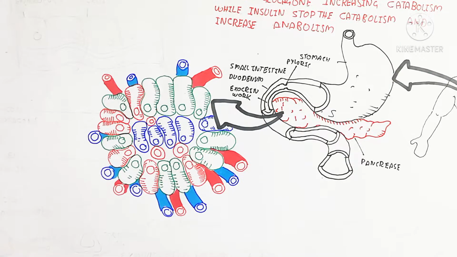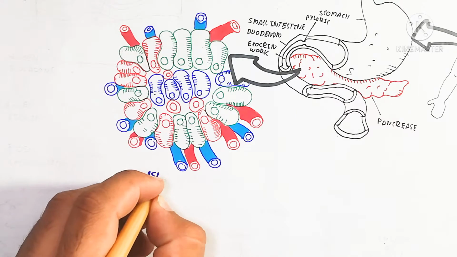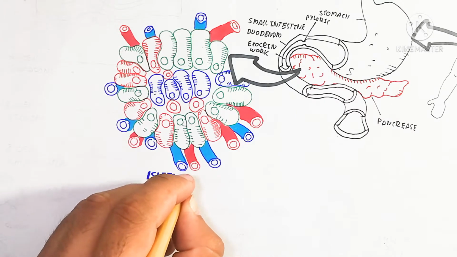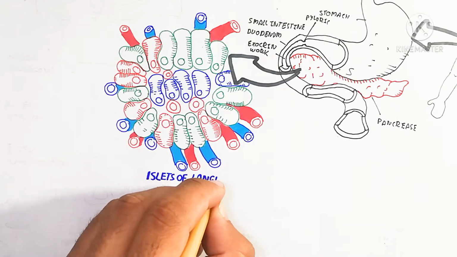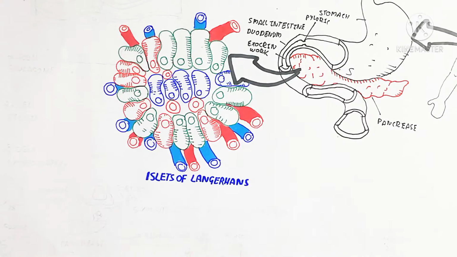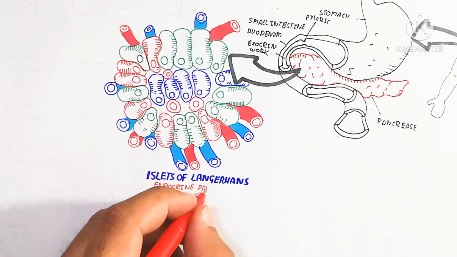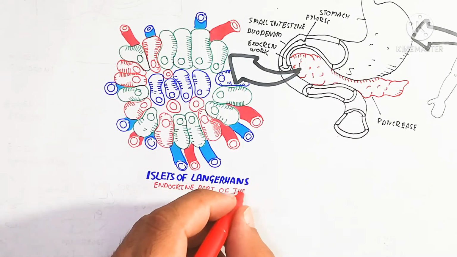We will discuss these different types of cells one by one. This islet of Langerhans looks like this, and that is the endocrine part of the pancreas.